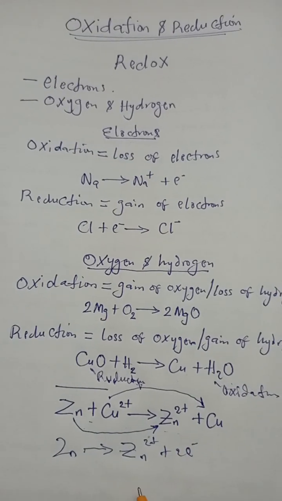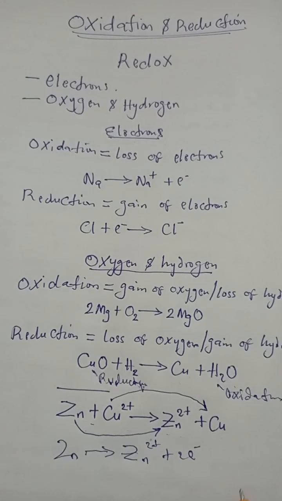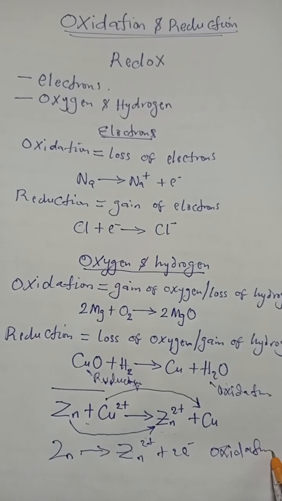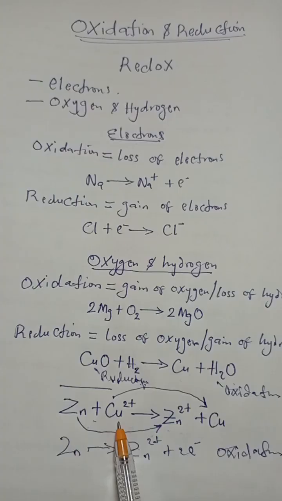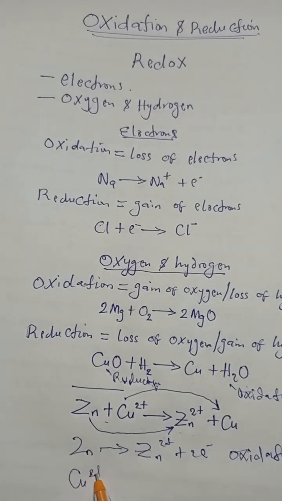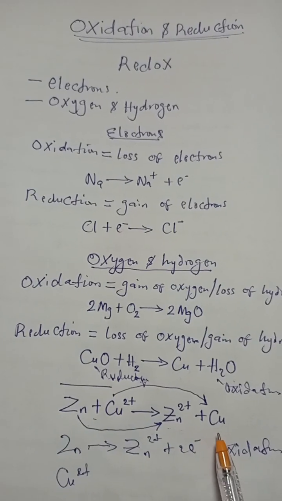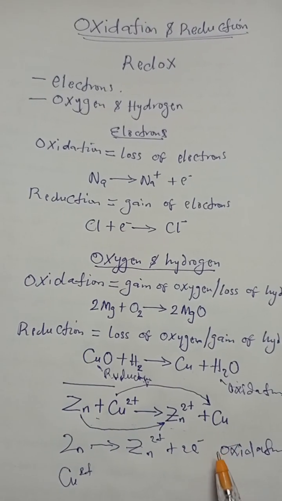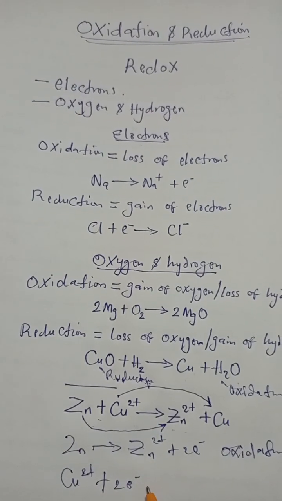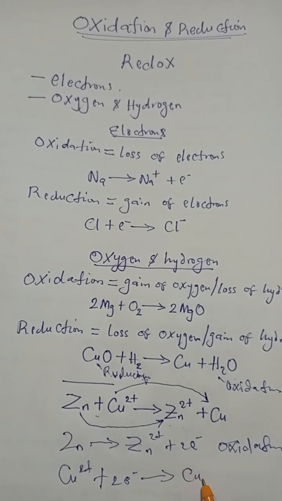So remember that if the electron is at the right, it is what? Oxidation. So this is oxidation. All right. So this copper now, this copper 2 plus, right? For it to form neutral copper, it means we are adding what? Two electrons. And adding two electrons will now form what? Neutral copper.